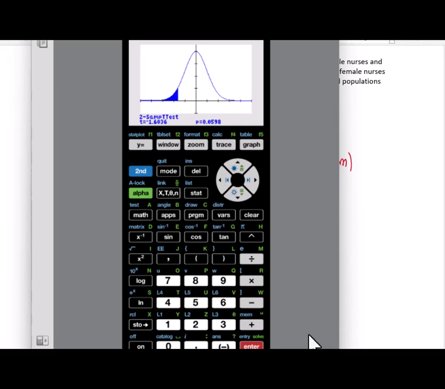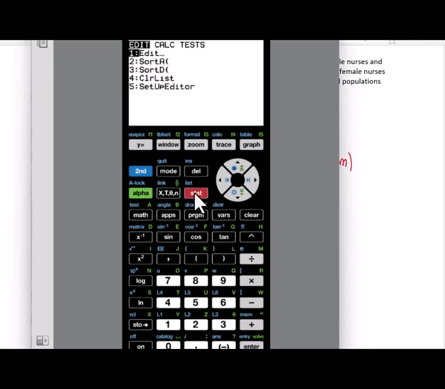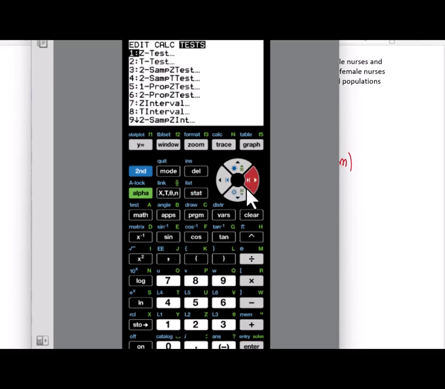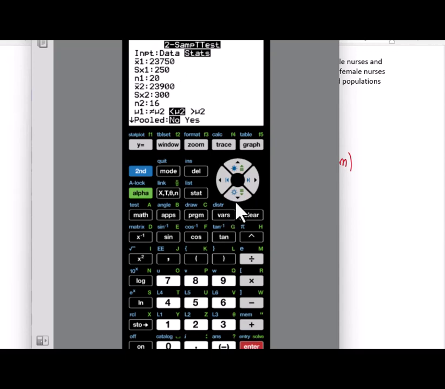And remember, you can also do it this way, guys. You can go to Stat, Tests, two-sample t-test, number 4, press enter. You can do everything, and instead of draw, you can do calculate. And here's the test statistic. So it's negative 1.604.